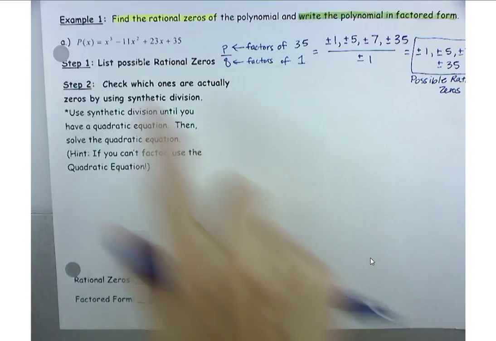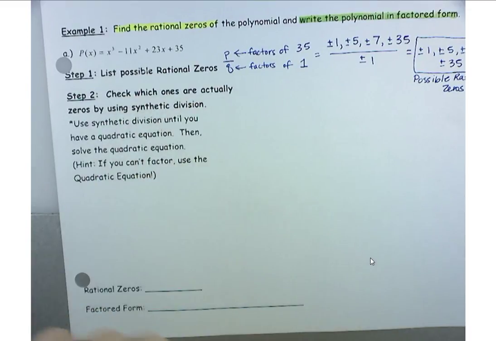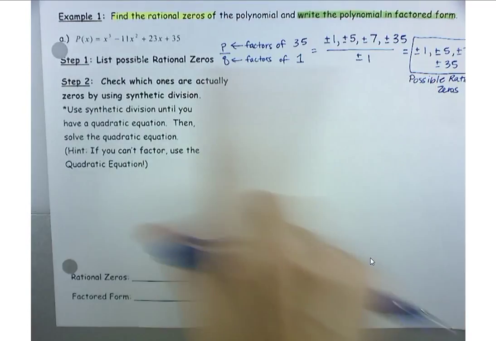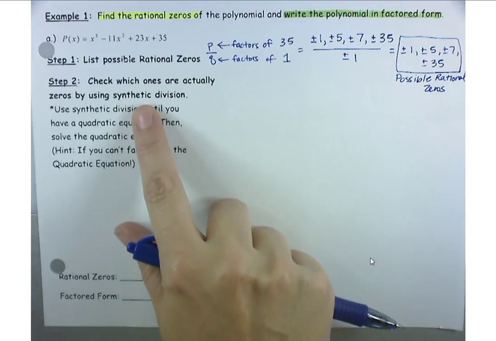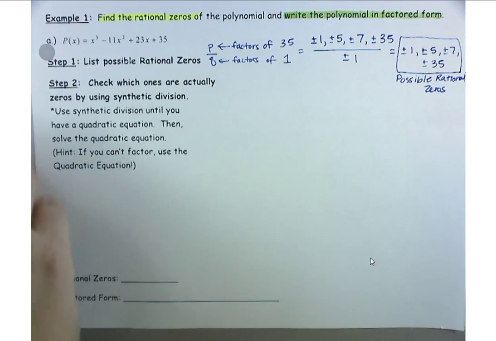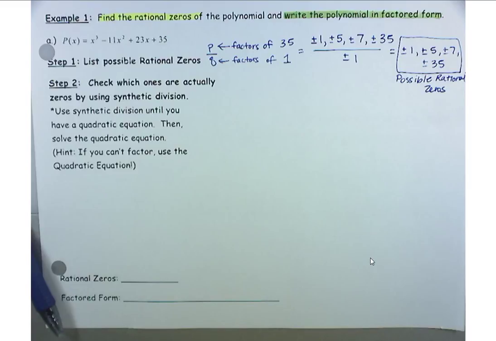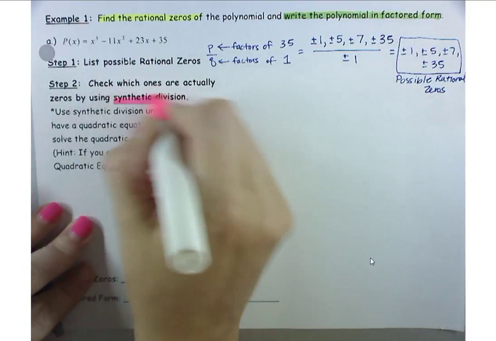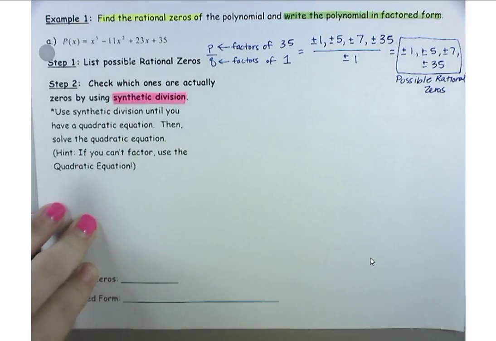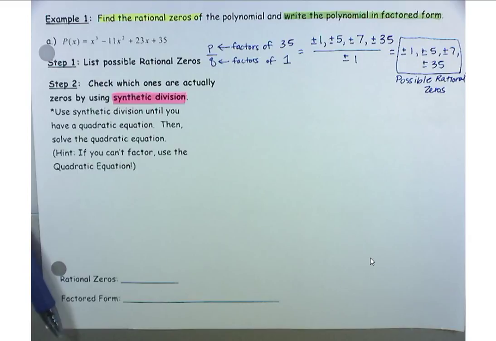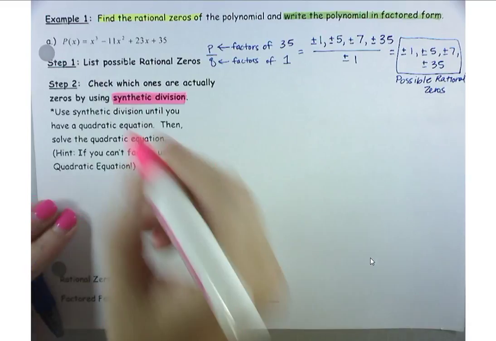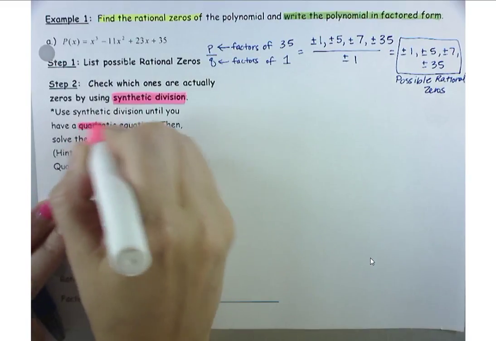Now step 2, it says check which ones are actually zeros. So these are what's possible. Now we're going to find the actual zeros using what? Synthetic division, which is what we did yesterday. We are going to use synthetic division until you have a quadratic equation.